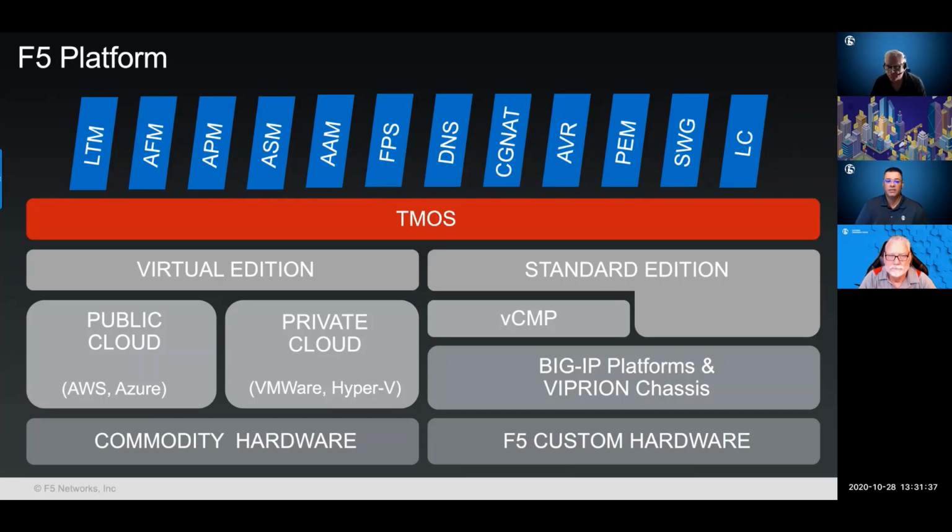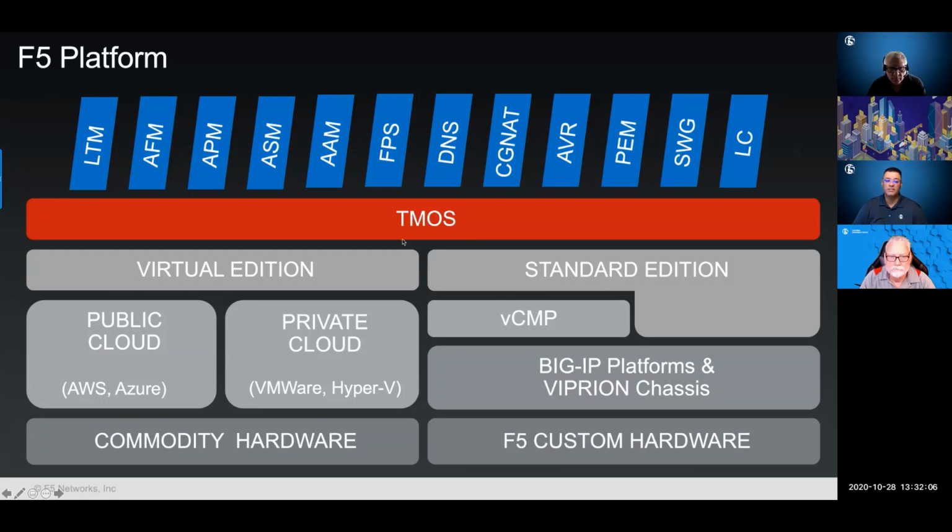When we moved to version 9, we re-architected our platform and came out with the Traffic Management OS. It's our own operating system, running on top of a special Linux version on our F5 appliances. It doesn't matter if you're running a hardware appliance, a virtual edition, or even a virtual edition in the cloud. They all have the same core operating system, TMOS, right?